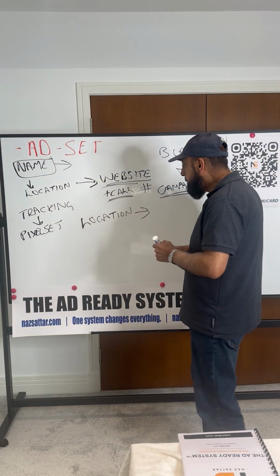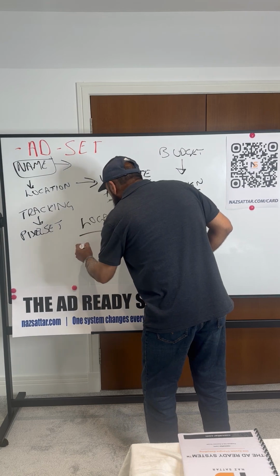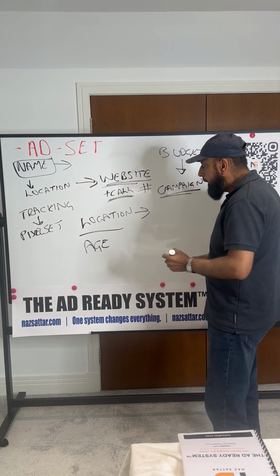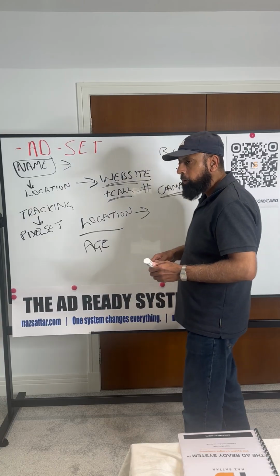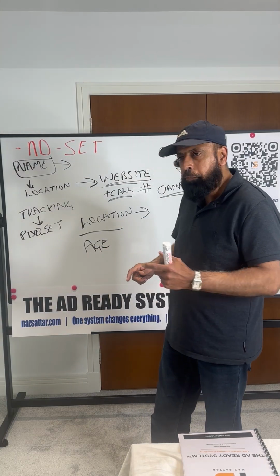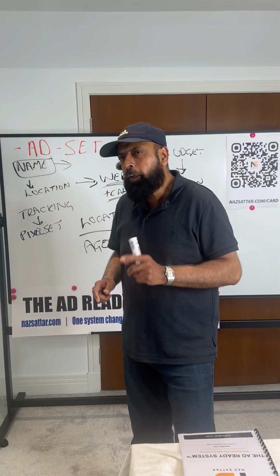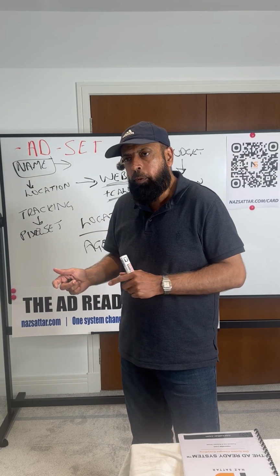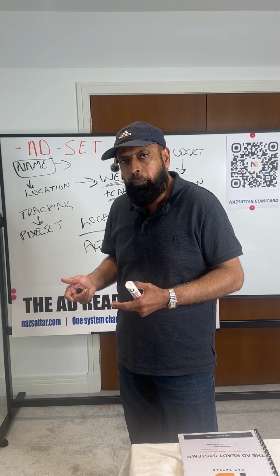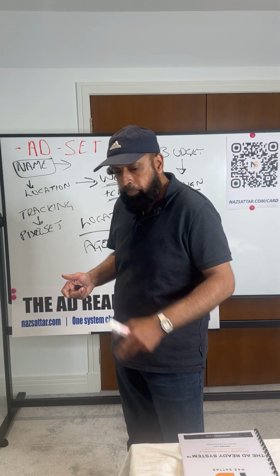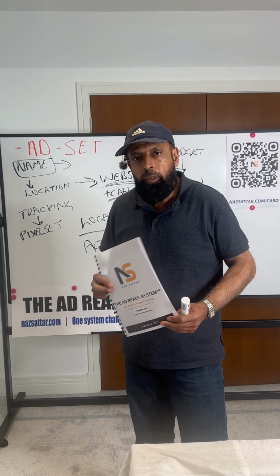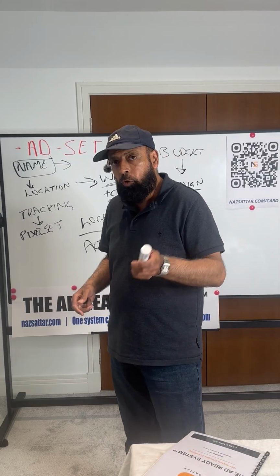But if you've got something that's specific for your area, you want to narrow it into your location, so that's quite important as well. And the next thing after that is age. Depending on what you're doing and who you're targeting, you want to narrow in on that as well. Again, I've left mine kind of open. In fact, I think I've put in age 25 and above, because I want to get serious people into the program, and I feel that 25-year-olds and above will be interested in learning how to do ads for themselves or other people.